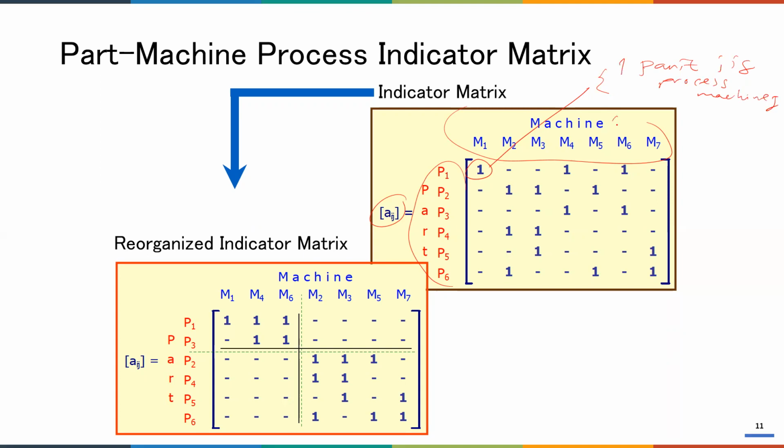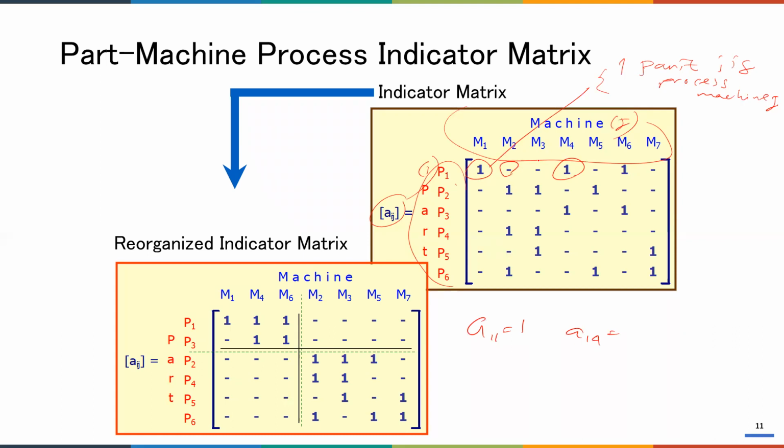So the machine is j and the part is i. For example, A11 equal to 1 means that part 1 is being processed in machine 1. A14 means that part 1 is being processed in machine 4, and so on. The dash means it's 0, meaning the part is not processed in this particular machine.